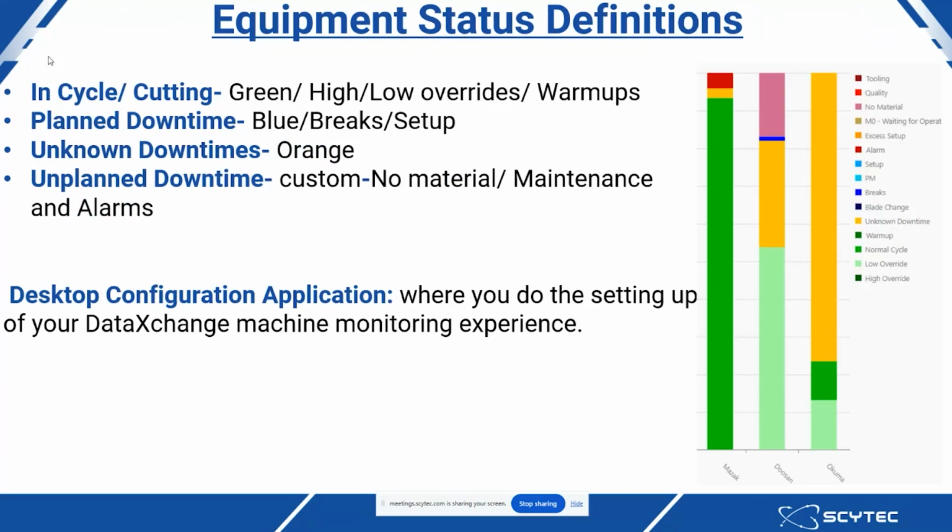Next up, I'd like to discuss the equipment status definitions. And as I mentioned earlier, all of the data that is presented with Scytec Data Exchange is meant to be 100% indicative of your own environment. It is meant to be meaningful for your shop floor. So what you see over there on the right-hand side with that image is a section of one of our charts showing a Mazak, a Doosan, and an Akuma machine.